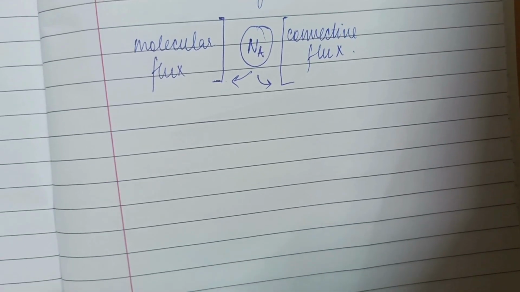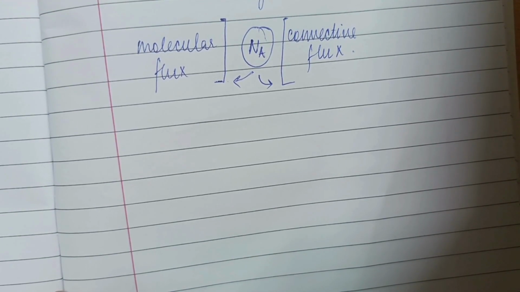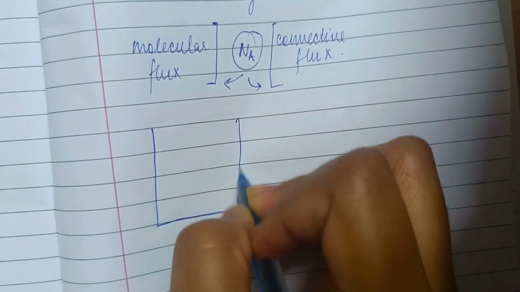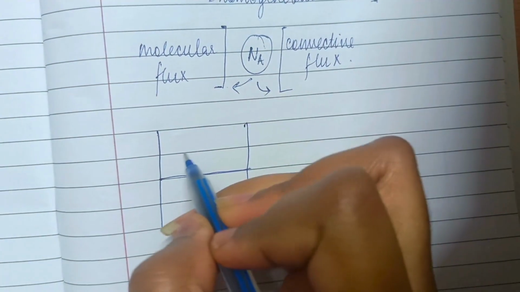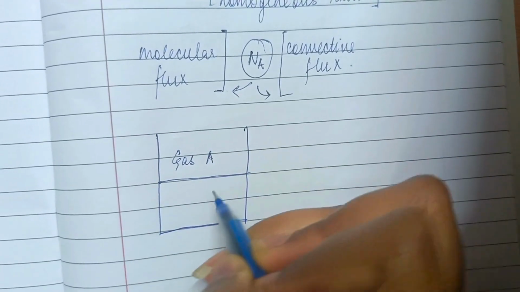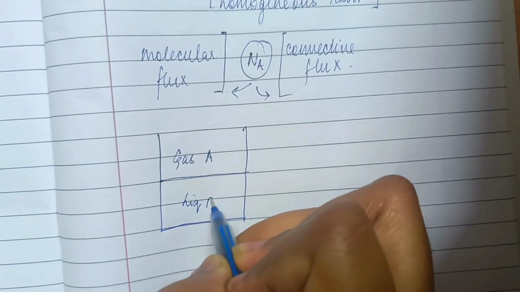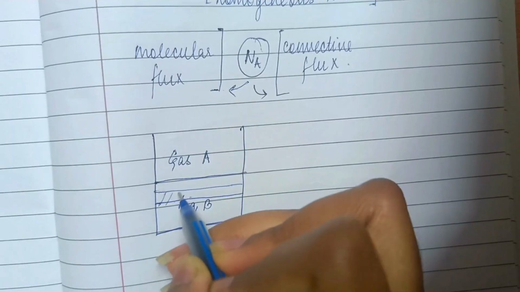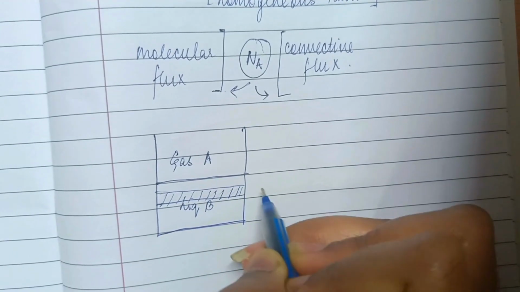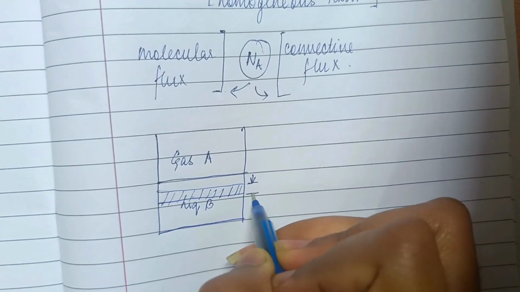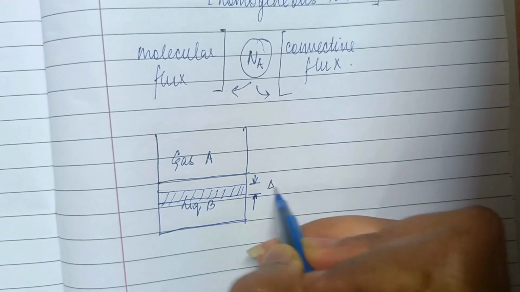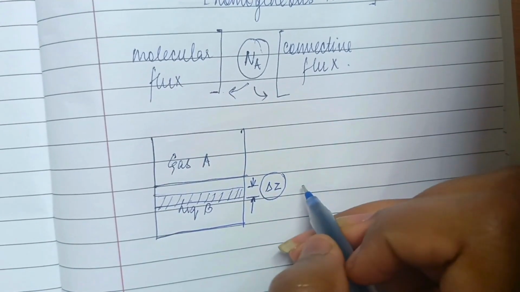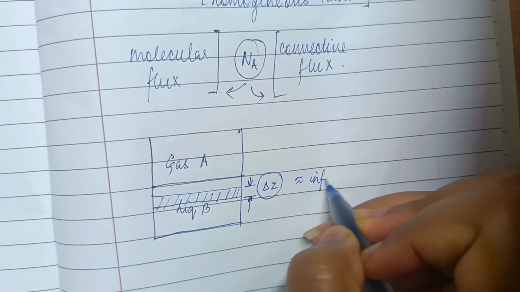In the given binary system, we need to apply a shell balance of finite thickness delta Z, and then we consider this thickness to be infinitesimally small.